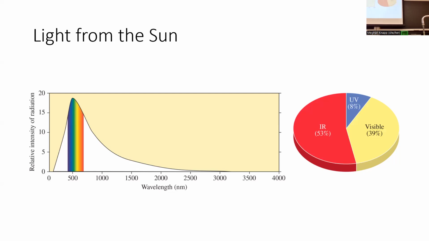But when we think about the amount of light, because these are wider areas, we end up getting more of those other parts. So more than half of the light coming from the sun is infrared, and then a small portion is ultraviolet. And a good chunk of it is visible.